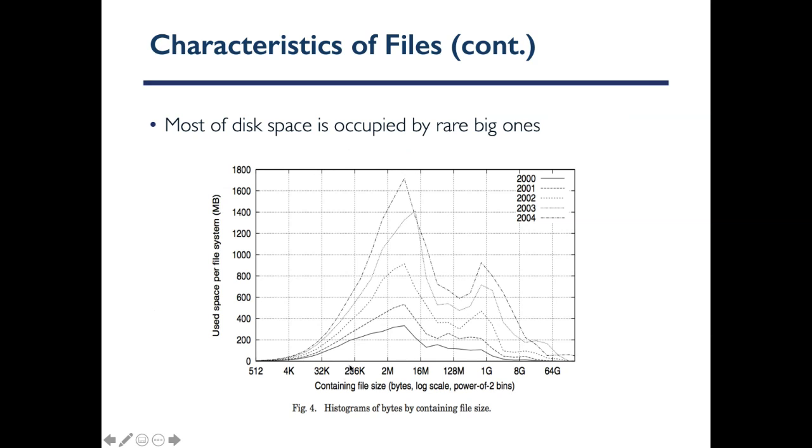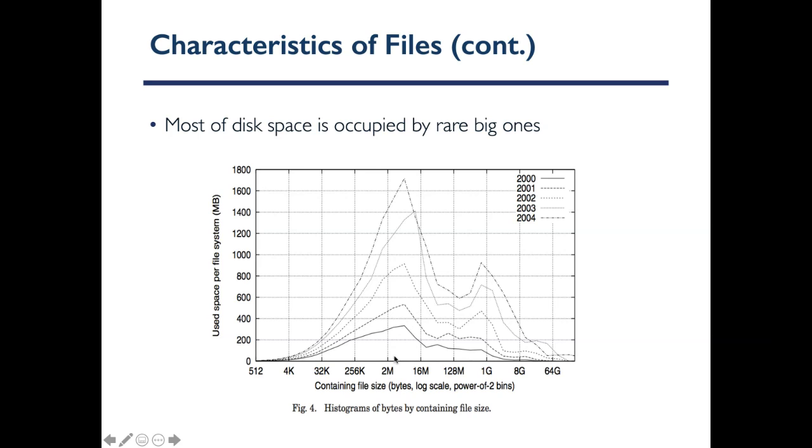So in this graph here, you can see the size of the file, and here on the y-axis, you can see how much of the capacity is used by those files.